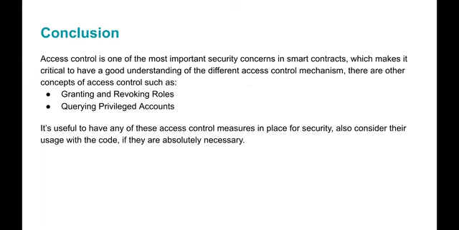You still have more in terms of hierarchy, the hierarchy of roles, and also querying privileged accounts. So it's useful to have any of these access control measures in place for security on your smart contract. And also you need to consider their usage within the code and whether they are absolutely necessary.